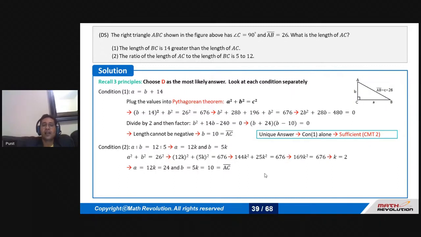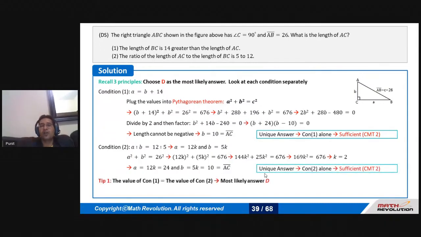That makes it 169k squared equals 676. 676 divided by 169 gets me 4. So k squared becomes 4, and k is 2. If k is 2, then A becomes 24 and B becomes 10. We were looking for AC, that makes it 10.